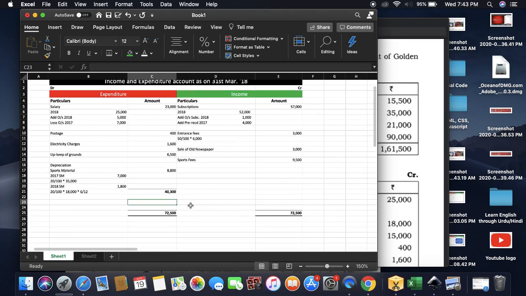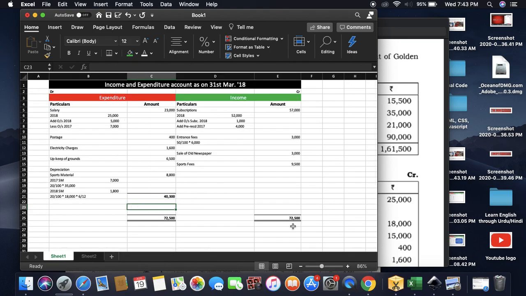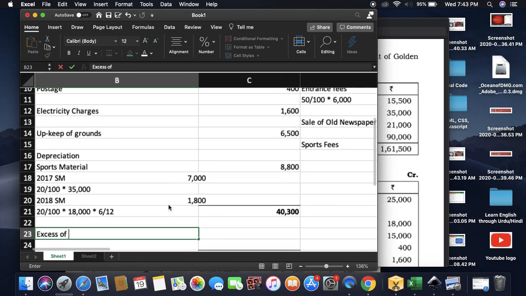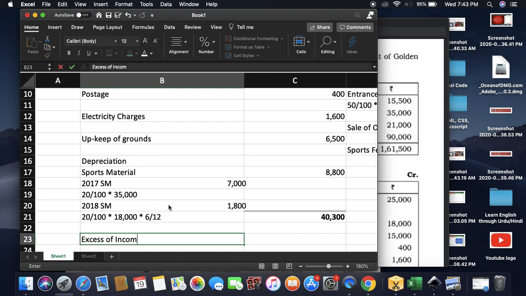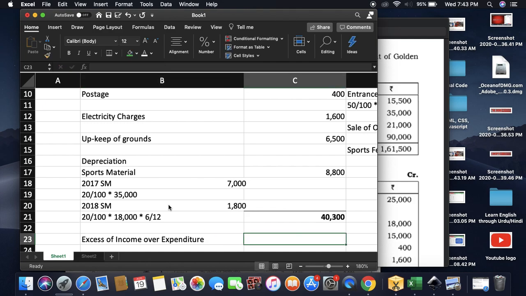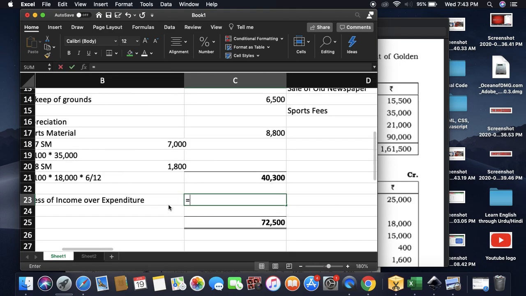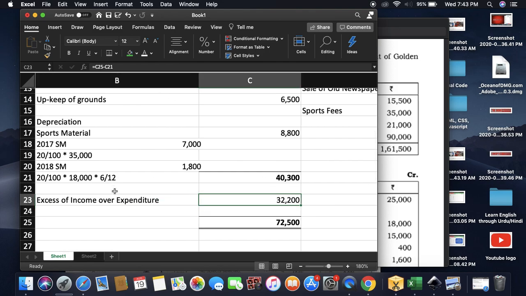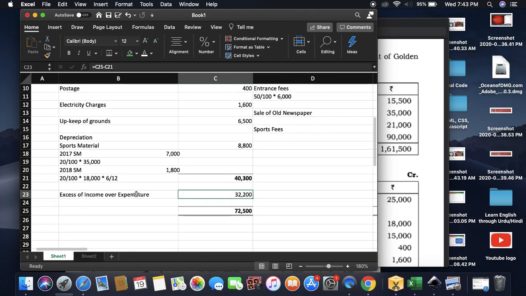As you can see, expenditure side and income side. Now you have excess of, I think you can't see it, let me increase it, excess of income over expenditure. So this one you need to minus this minus this, 32,200. That's the profit or excess of income over.